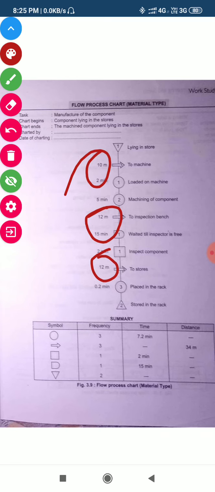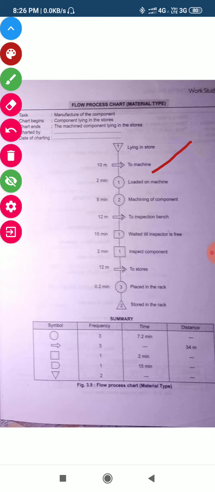Sorry, just a minute, we will calculate this again.